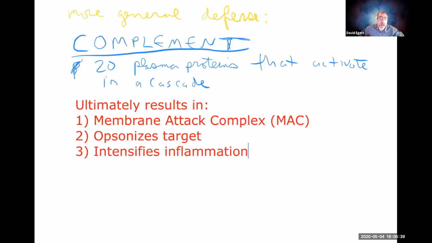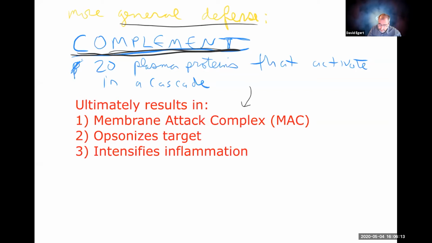The reason why complement is called complement is because it complements different aspects of your immune system. Complement can be triggered just because things don't look right, kind of as one of the general defenses. That's why I'm talking about it under general defenses. Sometimes just because something has the wrong markers, markers that would only be found on a bacterial cell, this complement cascade is going to get activated.